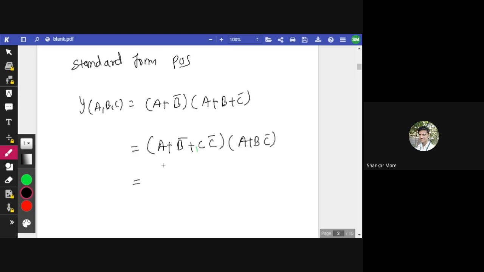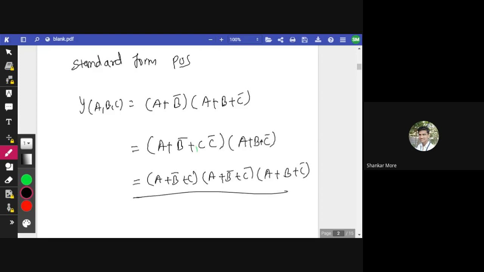So it can be written, split as: A plus B bar plus C, then A plus B bar plus C bar, and the third term is A plus B plus C bar. So that's it. This is the standard form of POS.